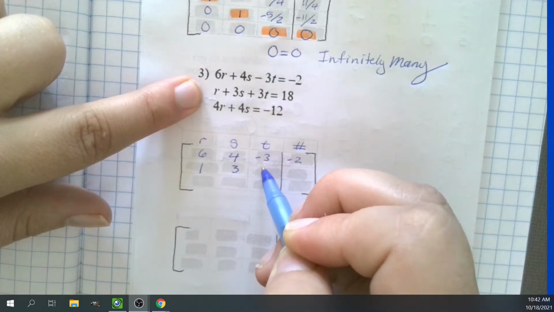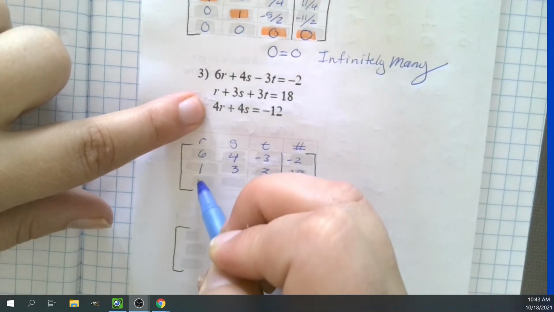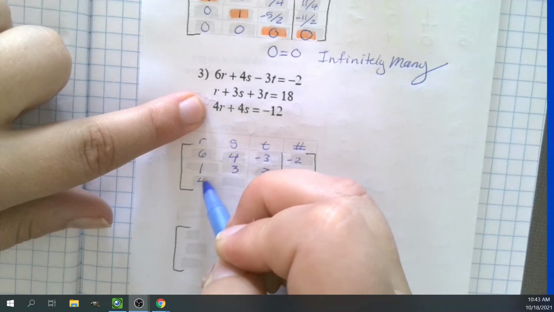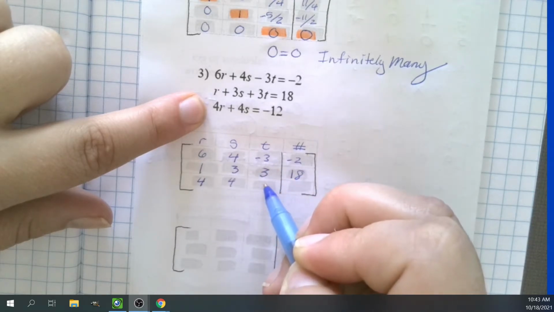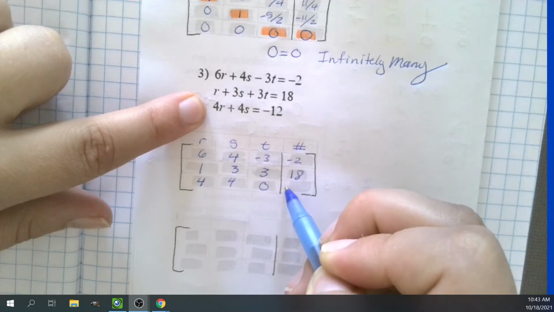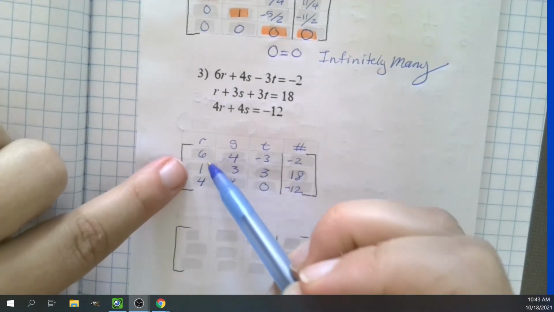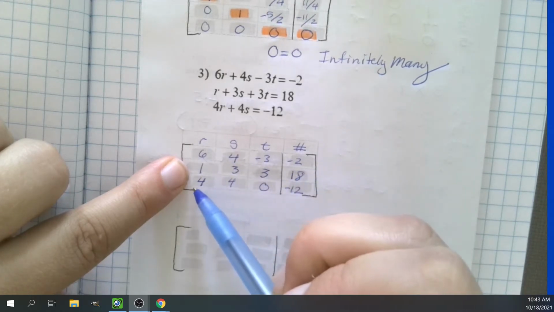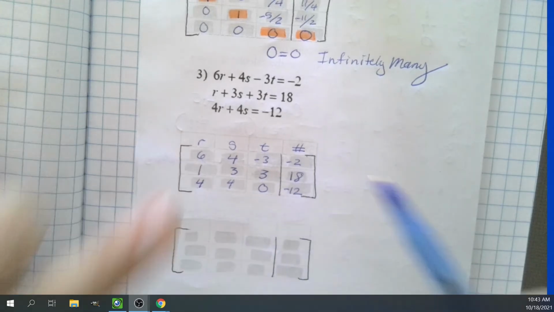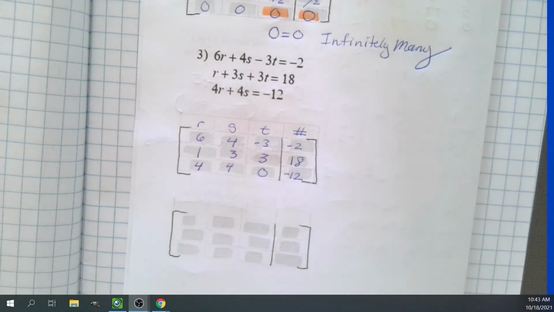How many T's? 3. Constant? 18. How many R's? 4. How many S's? 4. How many T's? 0. Negative 12. Okay, and then I'm just going to triple check myself. Go ahead and throw that in your calculator.